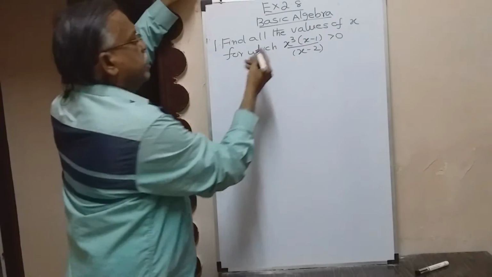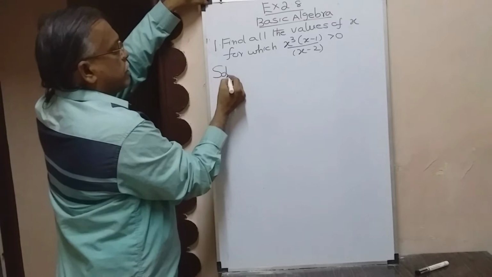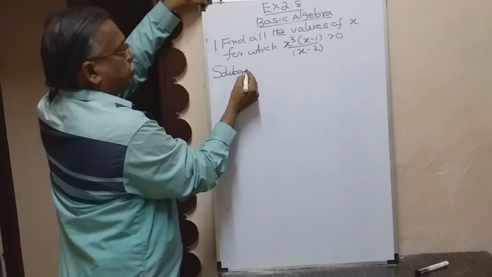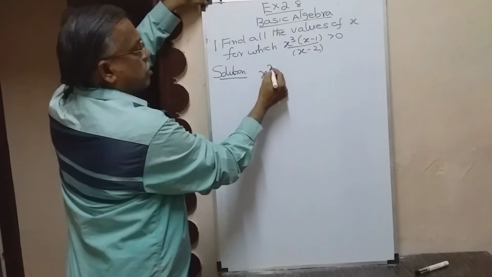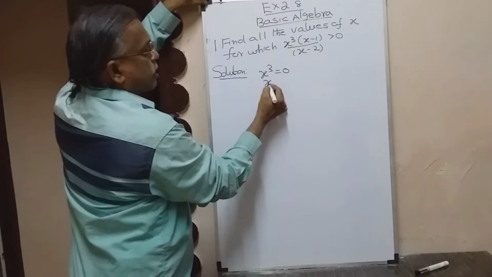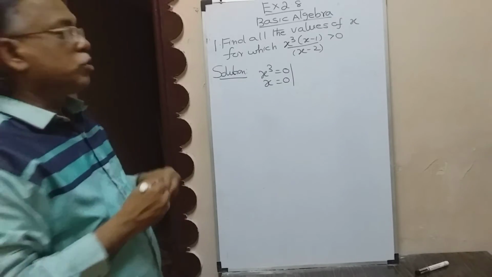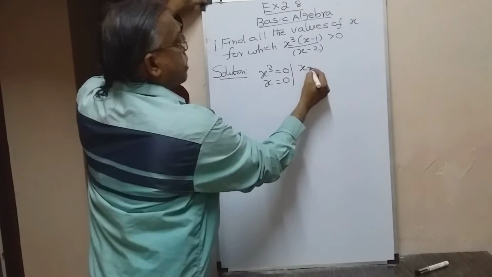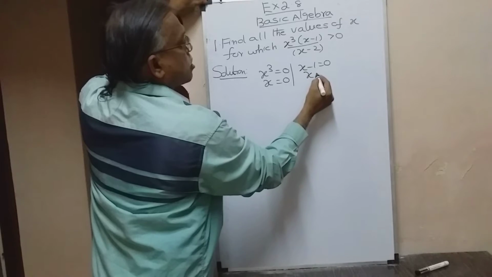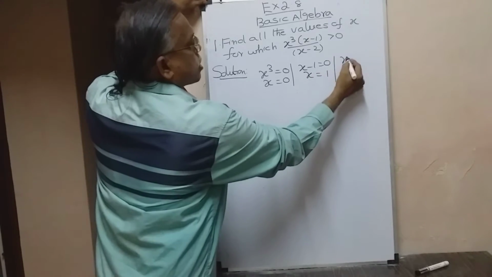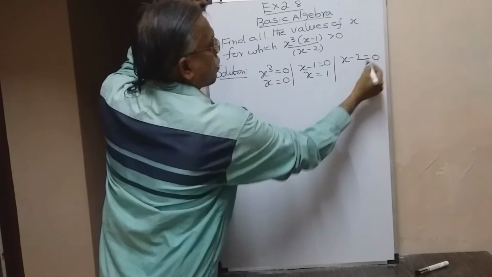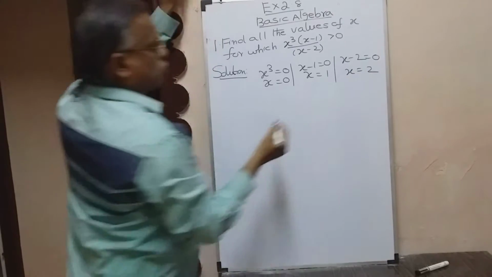Now I am separately equating each factor to 0. So x cube is equal to 0, so x is equal to 0, because 0 cube is only 0. Similarly, x minus 1 equal to 0, x is equal to 1. X minus 2 equal to 0, so x is equal to 2.